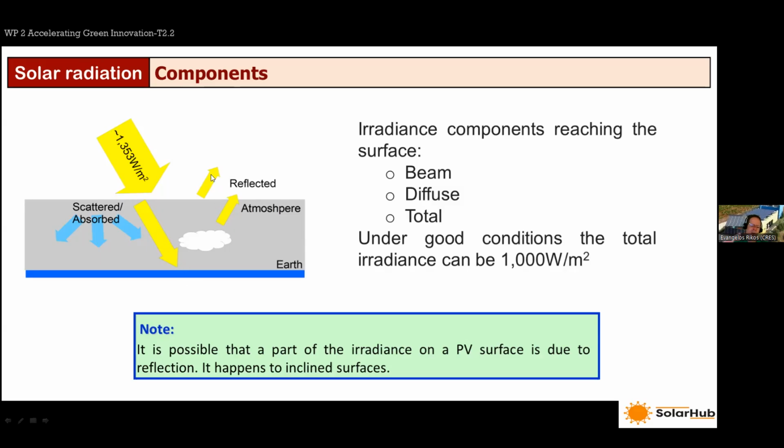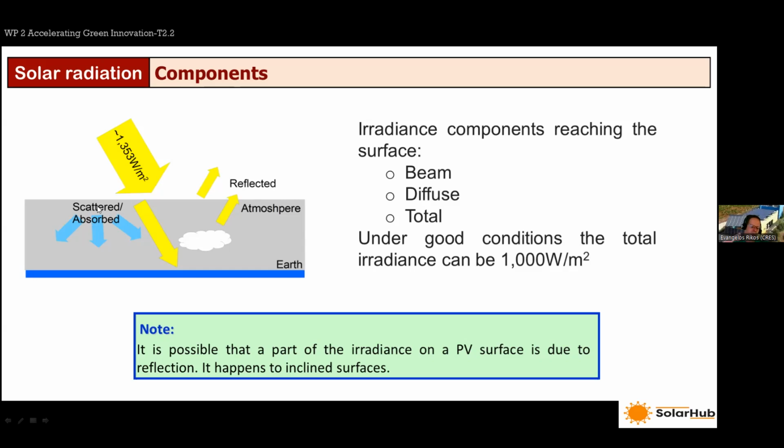There is a part that is reflected back into space, either from the atmosphere itself, or from clouds, dust, and other factors. And there is an amount of radiation that is scattered and absorbed by the atmosphere itself, and is then redistributed and reaches the Earth's surface in other wavelengths than the ones that arrive here, at the top of the atmosphere.